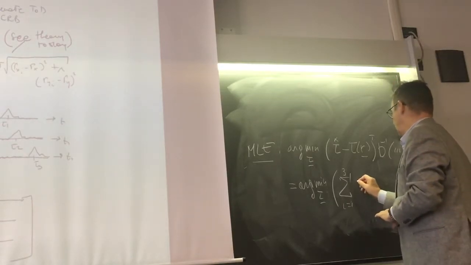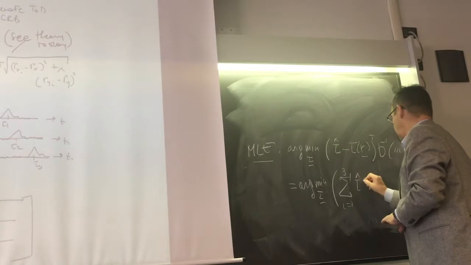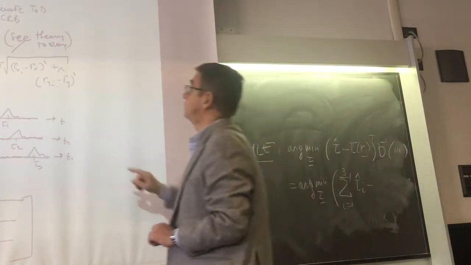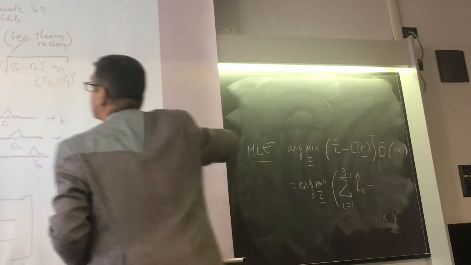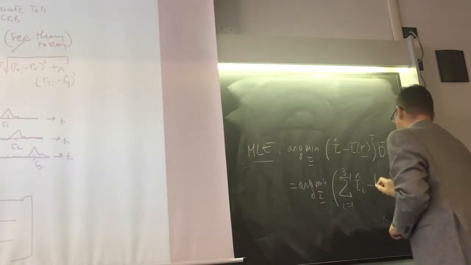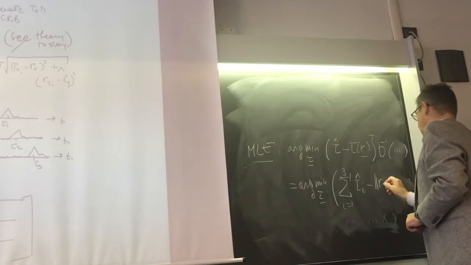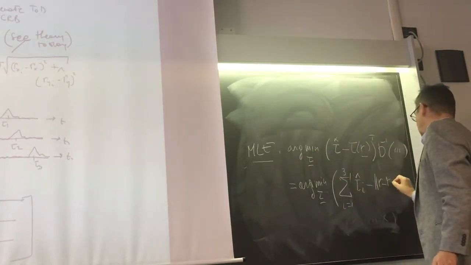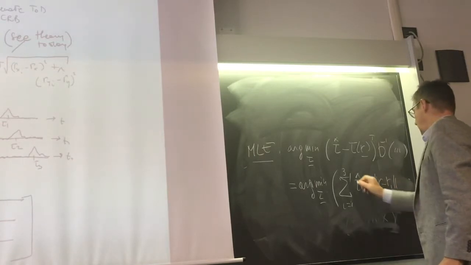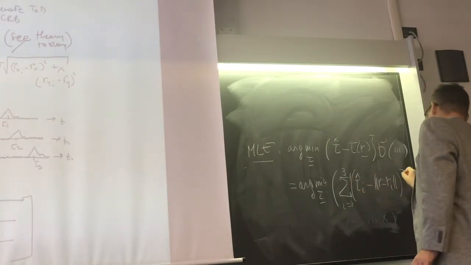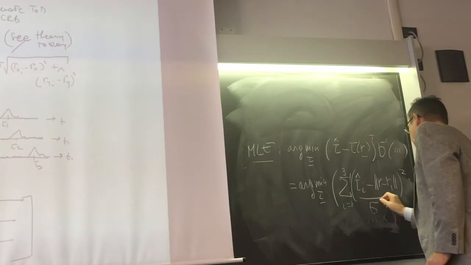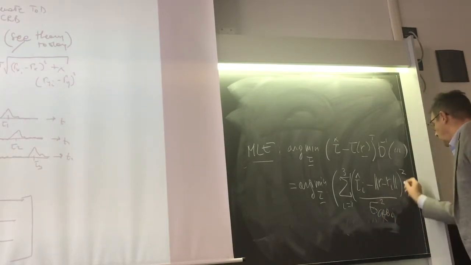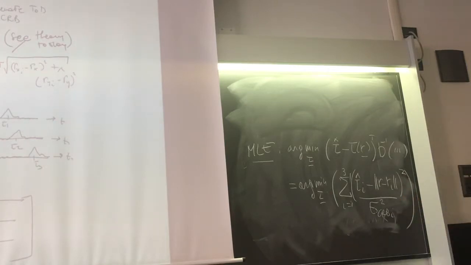Then tau hat i minus, so it's 1 over v, say it's R minus R i square. That's the maximum likelihood.